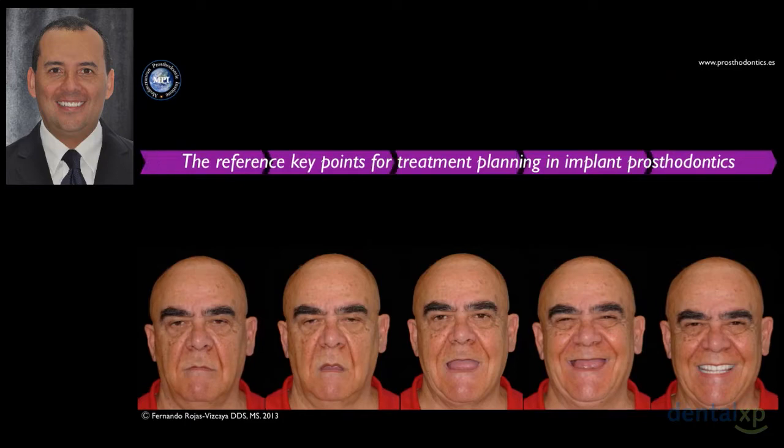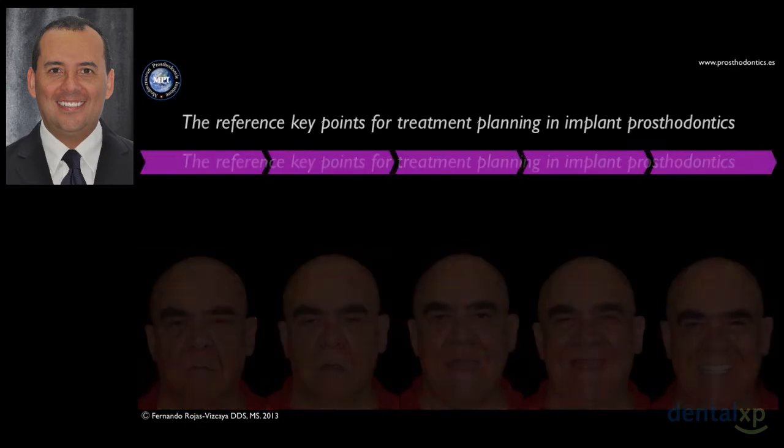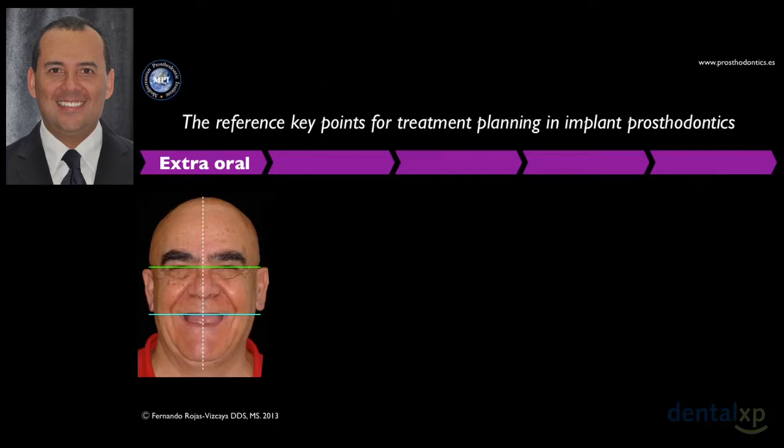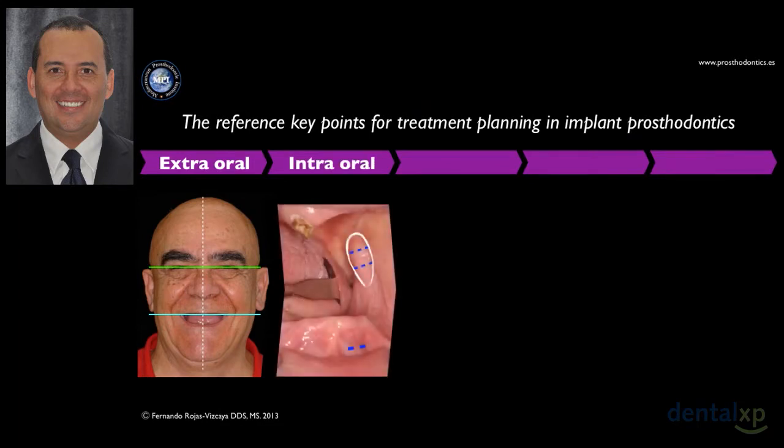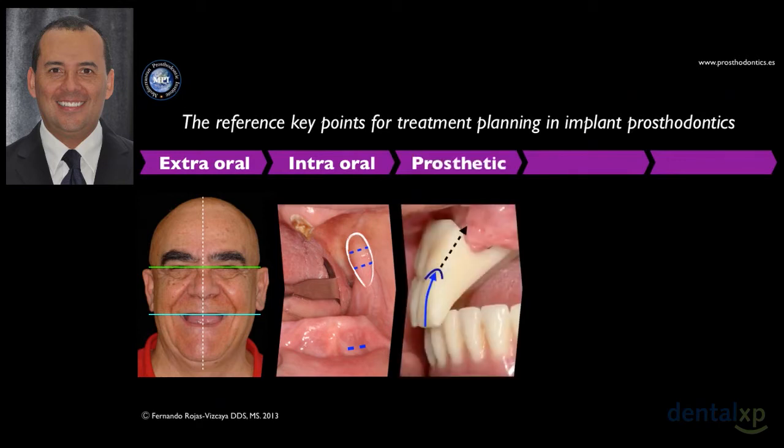These are points that remain stable in the face of the patient, extraoral and intraoral. We have some extraoral information, vertical and horizontal lines that we can use as reference. Using these extraoral lines together with the intraoral information, we will be able to determine the 3D position of the teeth.